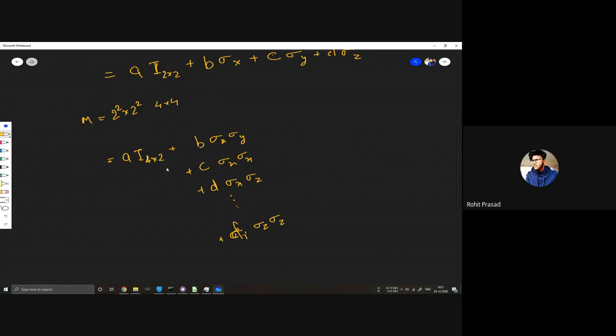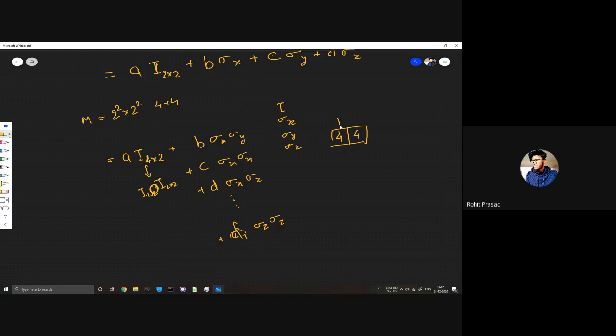Okay, so in total we have two sets, right? This can also be written as I 2 cross 2 tensor I 2 cross 2. Each of these has four choices: identity, sigma x, sigma y, and sigma z.